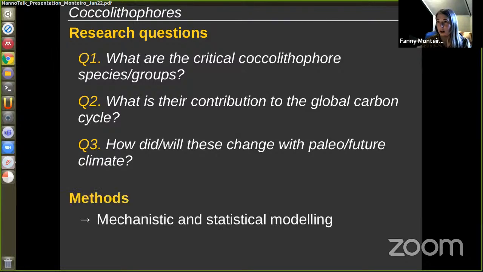Being a modeler, I use different modeling techniques to try to answer those questions. That includes mechanistic modeling, which represents different processes, the interactions between the organism and the environment, and tries to make predictions. And also statistical modeling, which uses observations to find relationships between the organism and the environment.